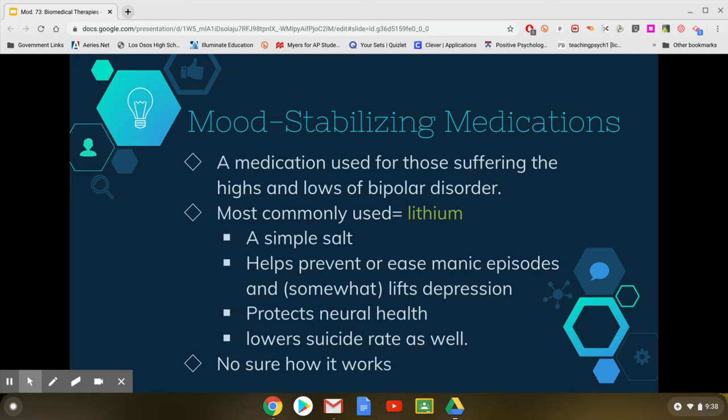But we know that it does help to prevent or ease manic episodes, which is one of the primary concerns with bipolar disorder. It somewhat also helps to lift depression. We've found that people with bipolar disorder who take lithium have a lower suicide rate than those who don't take it. But again, we're not exactly sure how it acts on the brain to help ease those manic episodes. We just know that it's pretty effective at doing so.